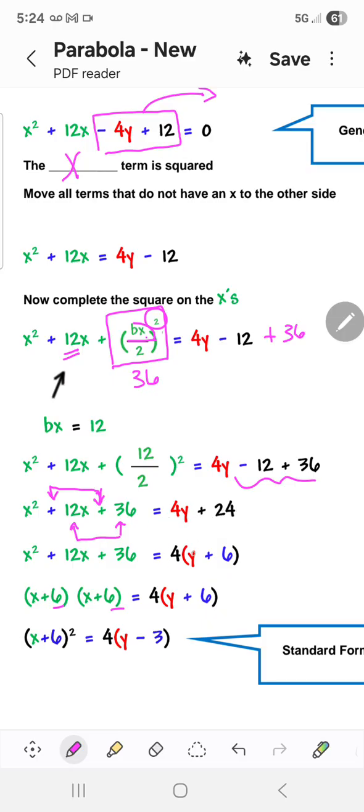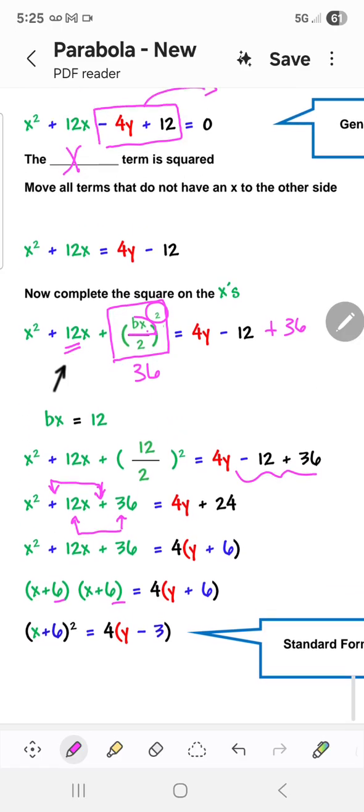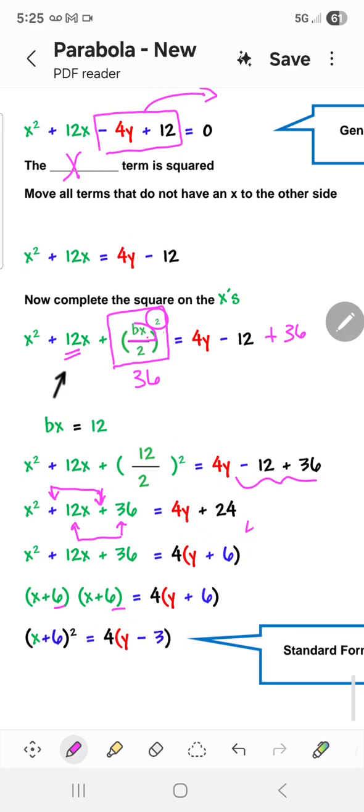You can factor out a 4, and that leaves you with y plus 6. Well, that's good because this is supposed to be in the form 4p times y minus k. Remember that form? That's what we need. When you have something that is the same exact thing written down twice and multiplied together, write it down one time and put a square on it. That's what we need anyways.